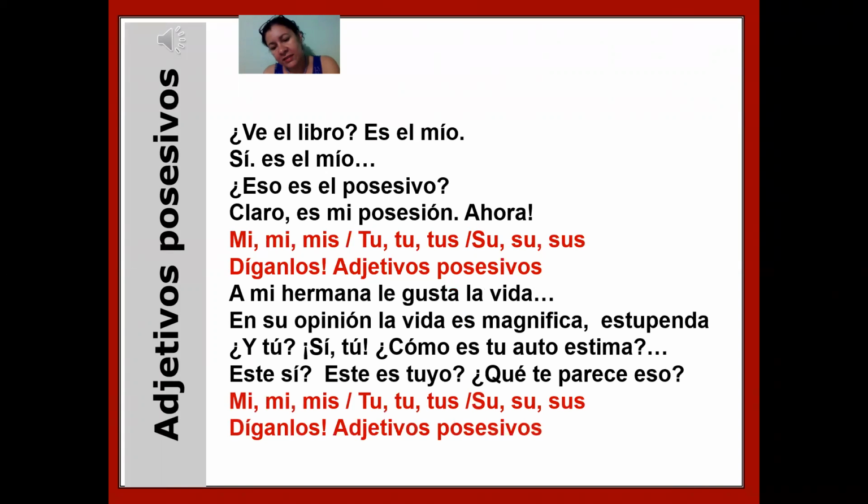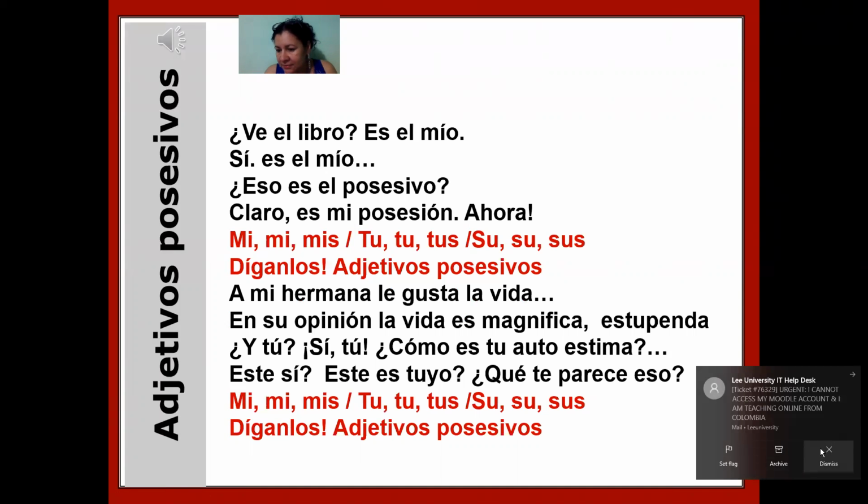Mis, tu, tus, sus, dígalos, adjetivos posesivos.